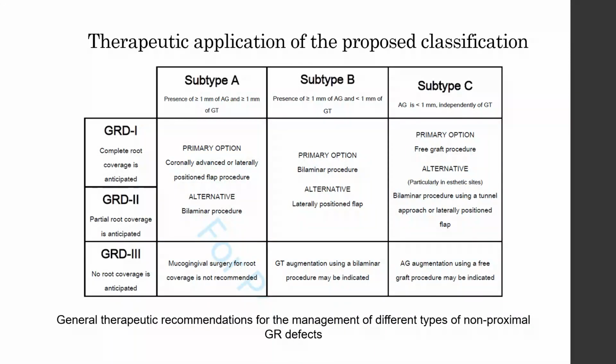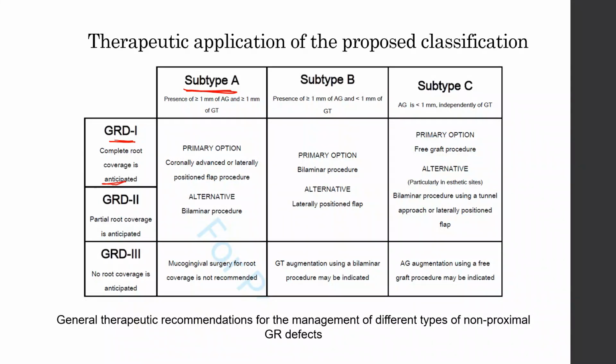So the authors have given the therapeutic application of the proposed classification. They have proposed different surgical procedures of root coverage for different combinations of the gingival recession defect and the gingival biotype. For example, in GRD1, they have said that complete root coverage can be anticipated.